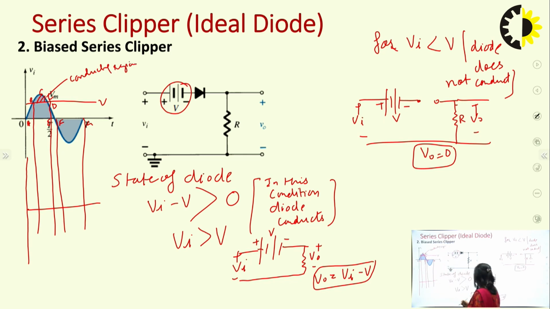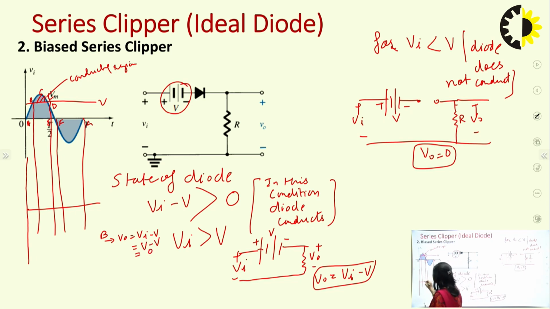So in the conducting region our output is Vi minus V. So at point B, the output V naught is Vi minus V. So here we will put the value of Vi, that at this point Vi is equal to V. So V minus V is equal to 0.